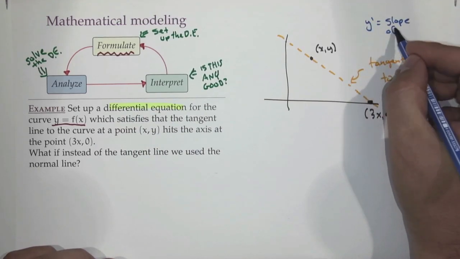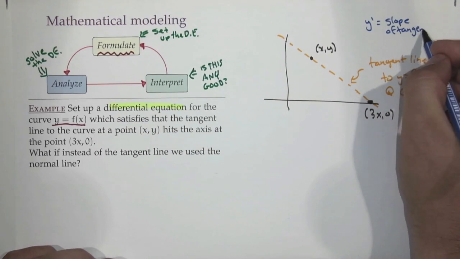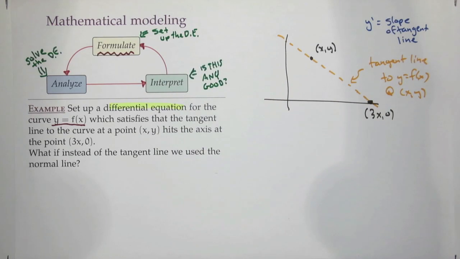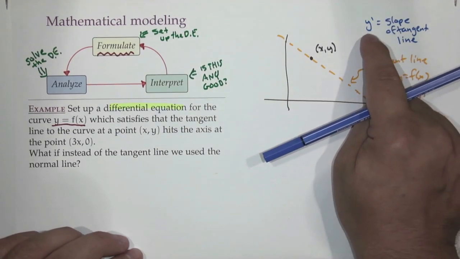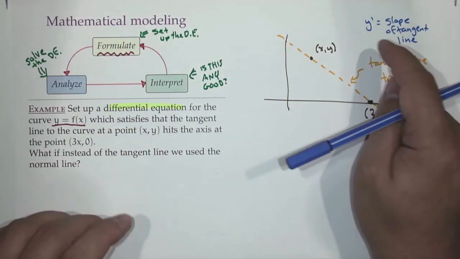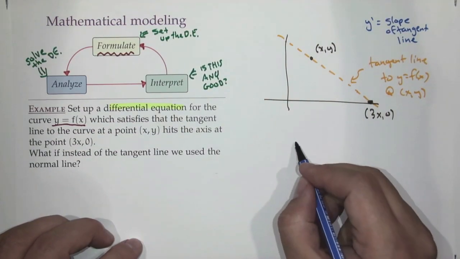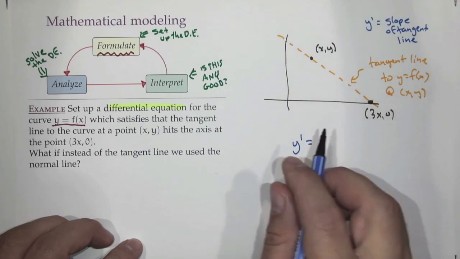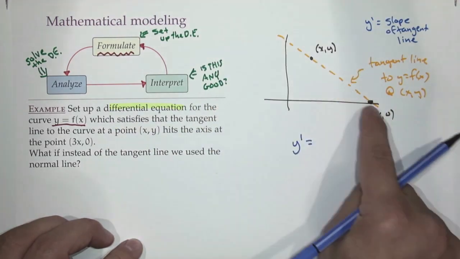And we're like, oh, it's all coming together. It's like it was meant to be. So we say, hey, this is good. Because notice, what's this? It's a derivative. And we want derivatives because we want a differential equation. Better have a derivative somewhere. So we say, okay, y prime has to be the slope of our tangent line. Can we figure out the slope of the tangent line from this picture?